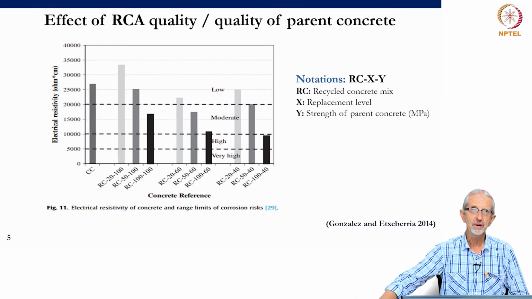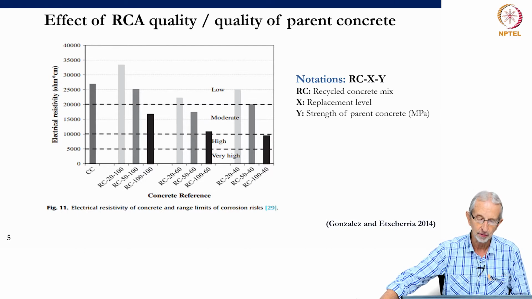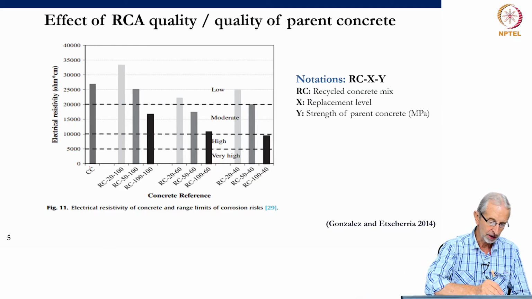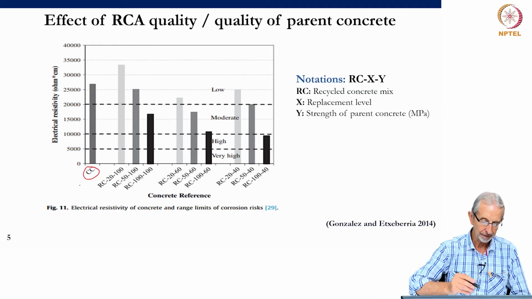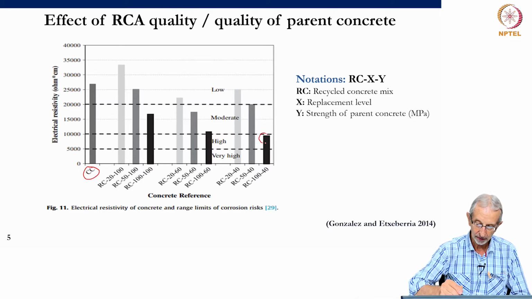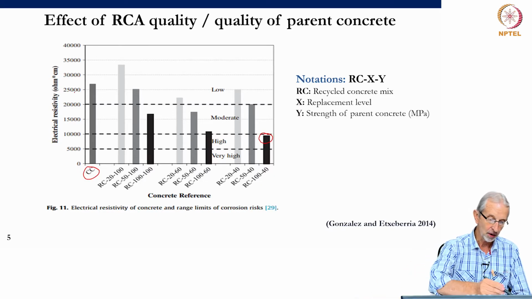Let's go on and look at the same sort of diagram, but now in terms of a durability parameter, an electrical resistivity. This is a typical surface resistivity. And here, compared to the virgin concrete or the conventional concrete there, you can see that again, the values of the resistivity are coming down. Eventually we get down to a value like this. This is ohm centimeters.